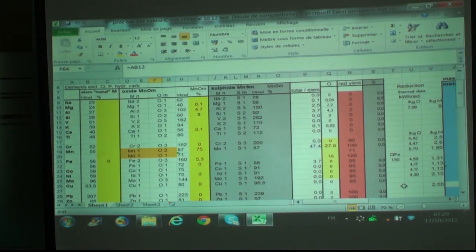And now, this is megajoule per mole. And so it is divided by 3.6.